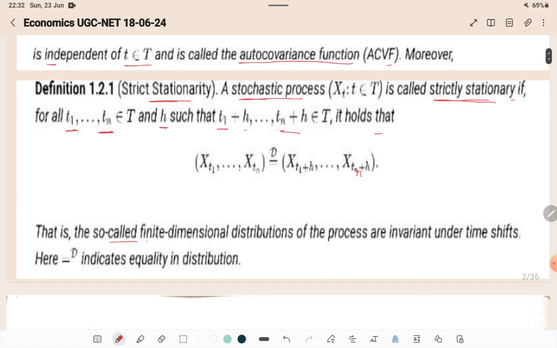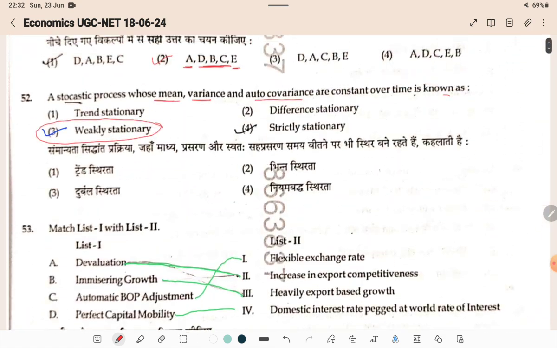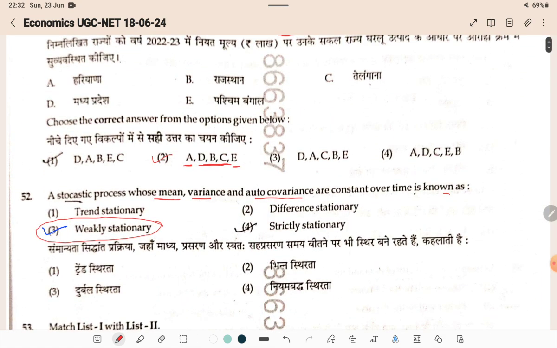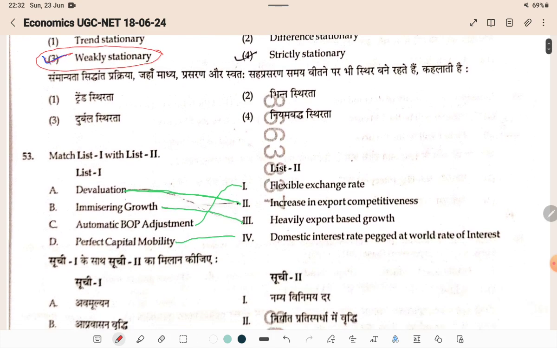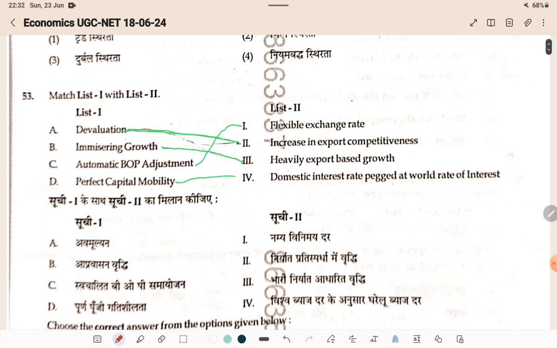That is, the finite dimensional distributions of the process are invariant under time shifts. Here d indicates equality in distribution. So we can see that the stochastic process whose mean, variance and autocovariance are constant over time is known as weakly stationary, which will be the right answer.